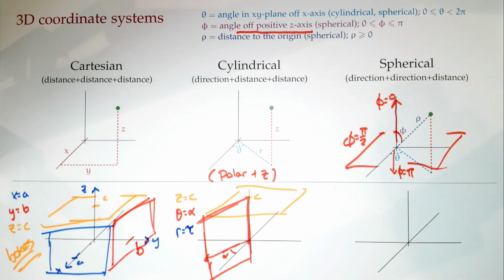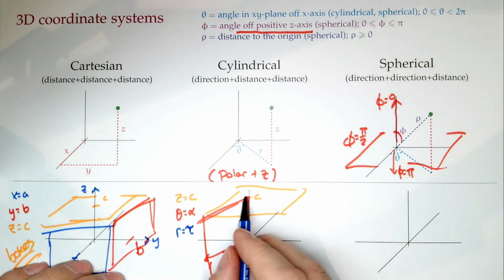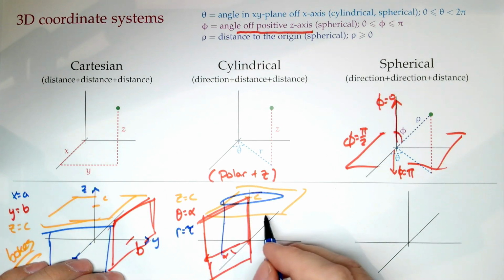If I said r equals 2, you'd have what in the xy plane? A circle with radius 2. Now when I go to cylindrical coordinates, I say r equals 2, well I still have a circle in the xy plane. But what happens is, regardless of z, I still see that same circle. So it's that same circle getting copied up and down the whole way. So what ends up happening is that you see a cylinder.